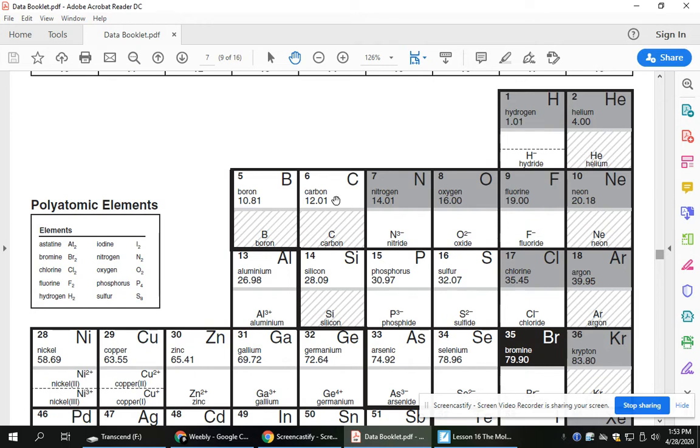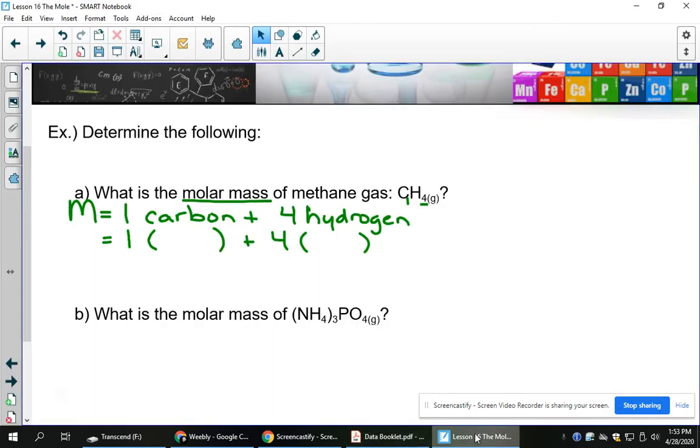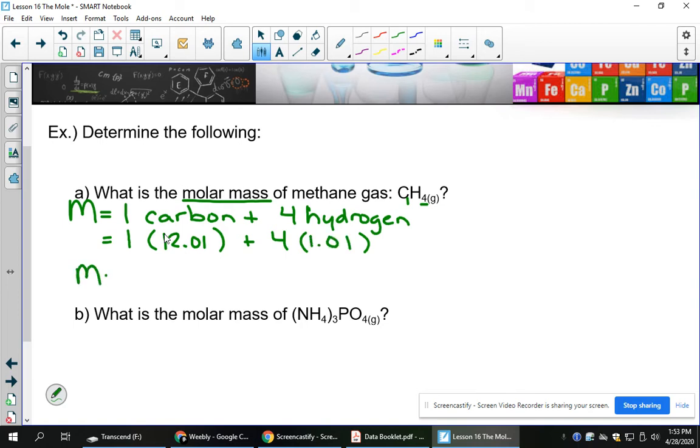And for carbon, it's 12.01. So we can sub those into our equation. And into our calculator, we can put exactly what we see with the brackets and everything. And we should get 16.05.